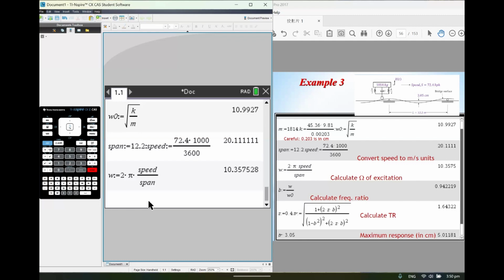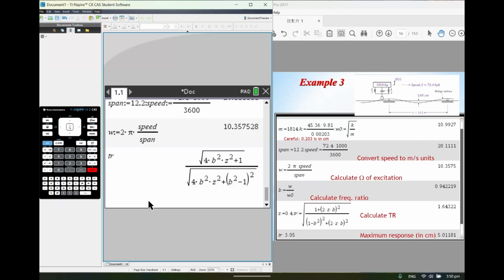And now, since our TR formula is already entered, you don't have to do it. But if you're starting a fresh calculator page, then you have to type in this formula and store it into TR. Now let's define B in this formula. B, which appears in this formula, is a frequency ratio of big omega over natural frequency omega 0.